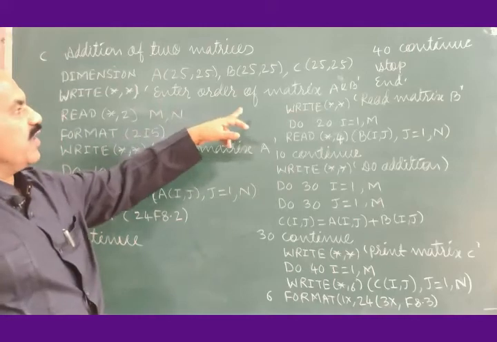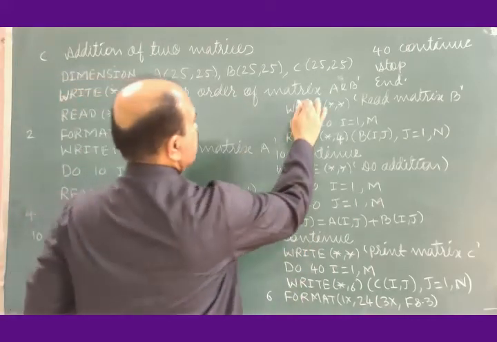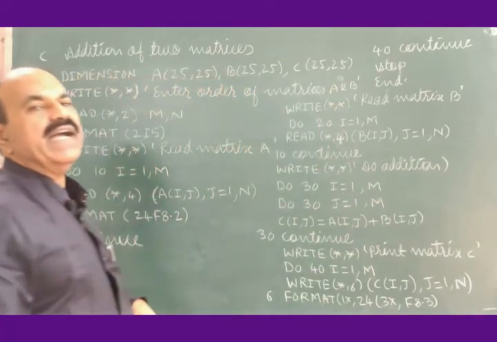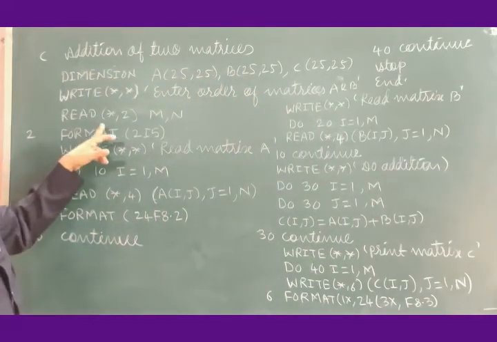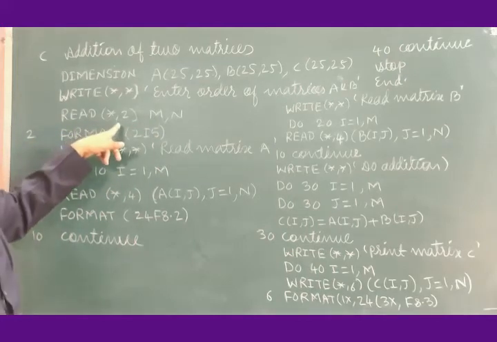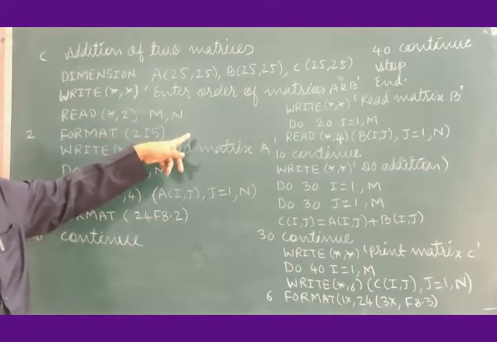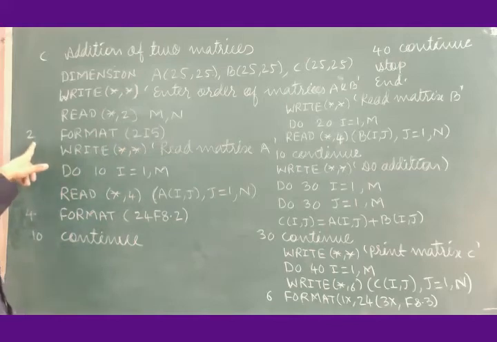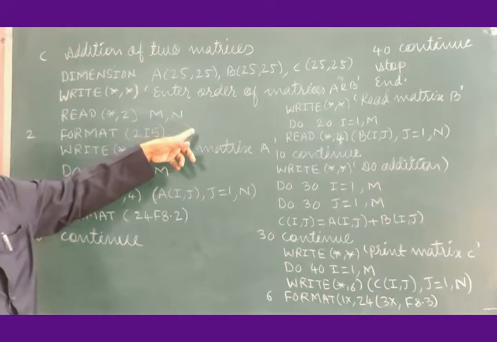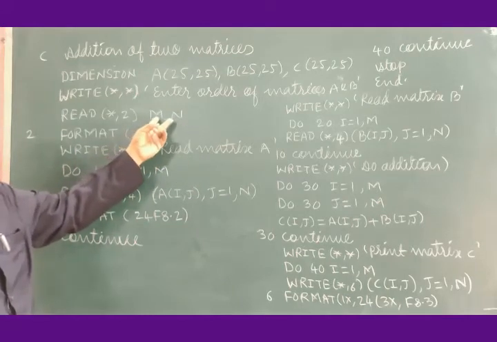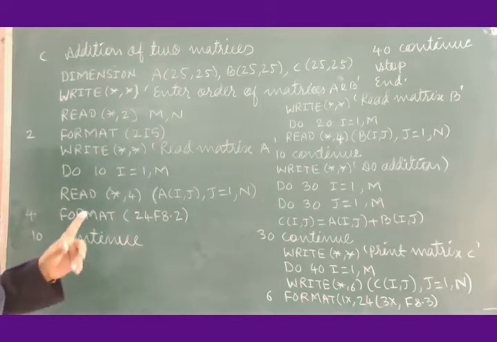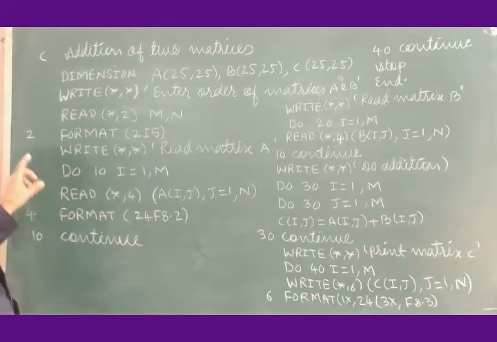So, enter order of matrices A and B. Read asterisk comma asterisk, m comma n, format 2I5. M is integer, n is integer. So, m by n is the order of matrix A, and m by n is the order of matrix B.